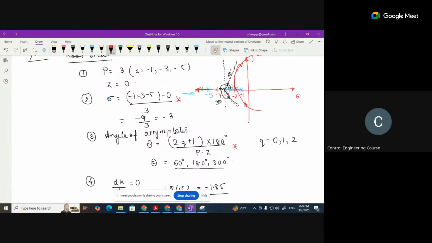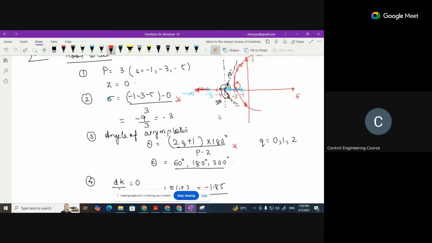I agree with what he wants to say, but when we have this line from the centroid showing the angle of asymptote, the root locus which I'm drawing from the breakaway point should be parallel to the 60-degree line. That will only happen when k approaches infinity.